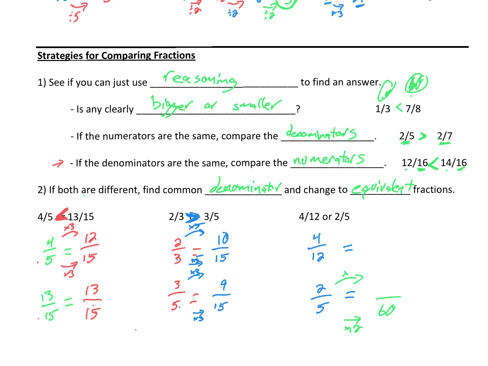It might not be the least, but we know we can get there quick. So that's 24/60ths. And that's 20/60ths. Now that they're both equivalent fractions, with a common denominator of 60, 24/60ths is bigger, so 2/5 is bigger.